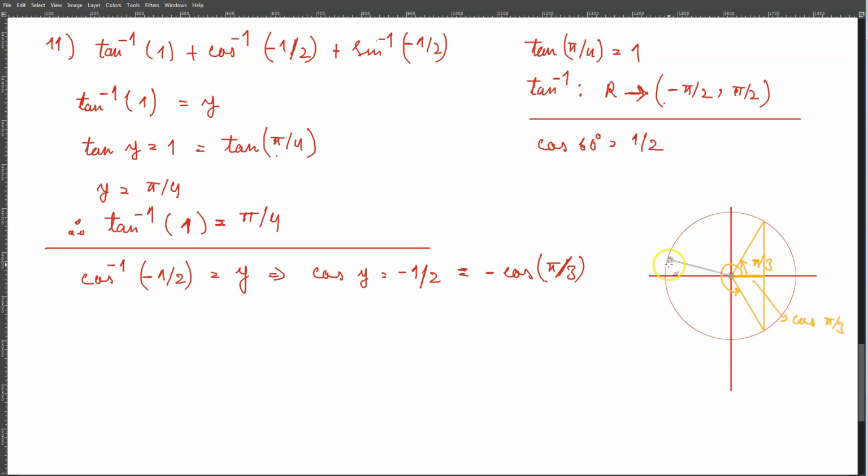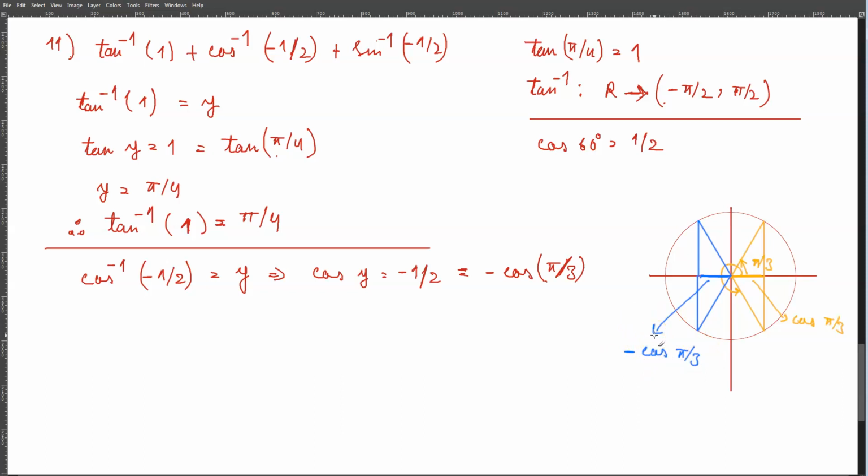I could also draw this angle, right? And so you can see that the cos of this angle and the cos of this angle are exactly the same values. So this is basically negative cos of pi by 3, because this distance is equal to this distance. So if this distance is denoted as cos of pi by 3, this distance is going to be negative cos of pi by 3, right?